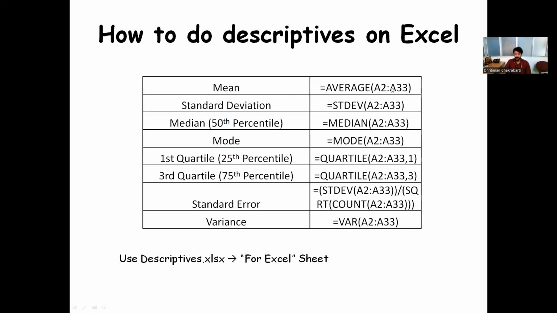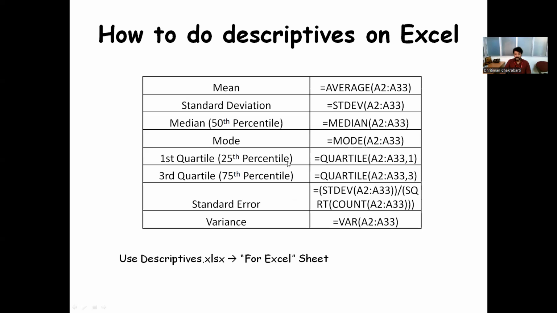This is the same format for standard deviation, for median, and for mode. These functions you need to remember: average, stdev, median, and mode. It doesn't matter whether you put it in all caps or all smalls. Excel will do it for you.